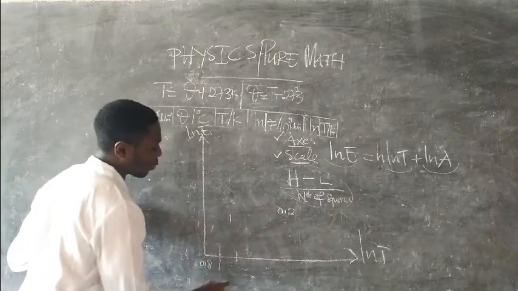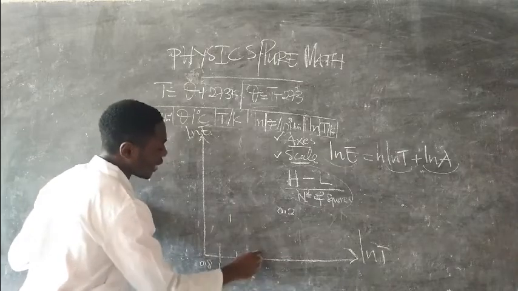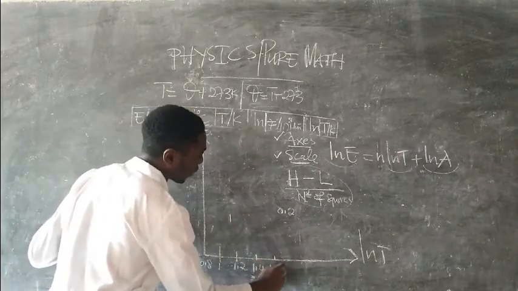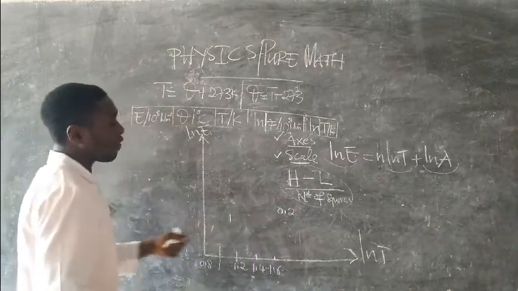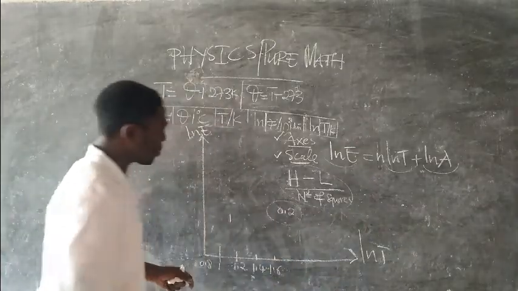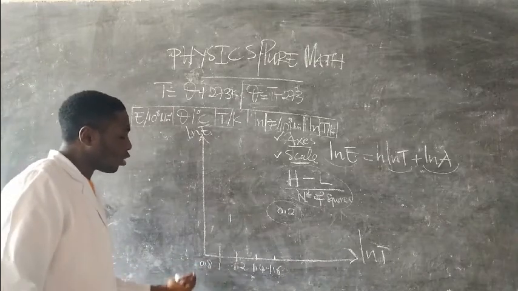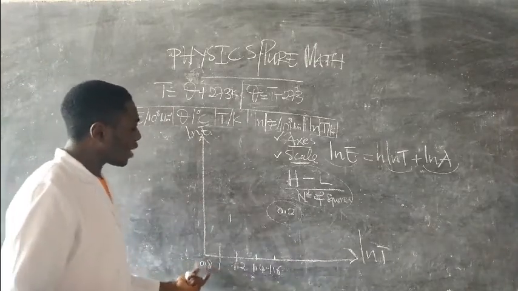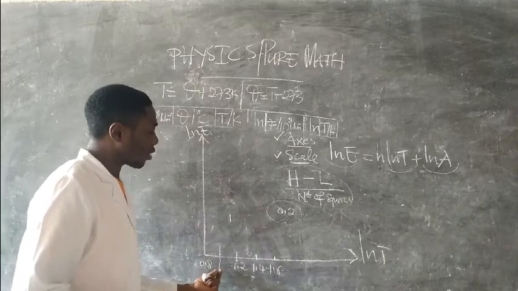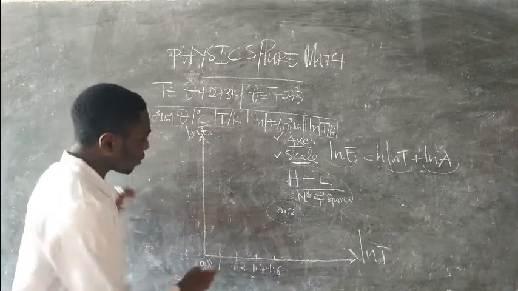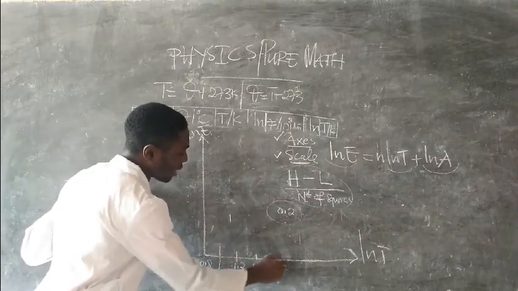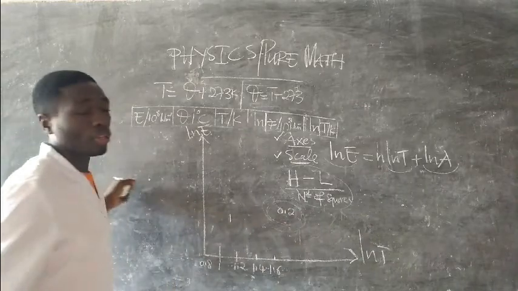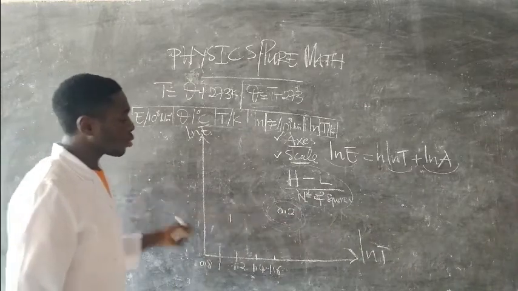Then the next square will represent 1.2, the next 1.4, the next 1.6. This is just an example. So the value you start with here should be a little bit lower than the very first value from your table. After each value you add 0.2, so you see the interval for each square here is 0.2 units. One square is representing 0.2 units. So that is it.